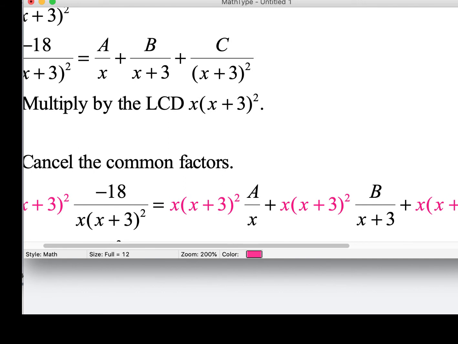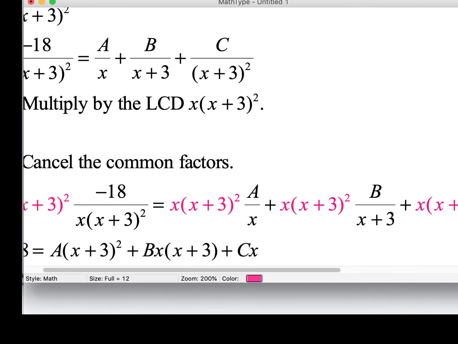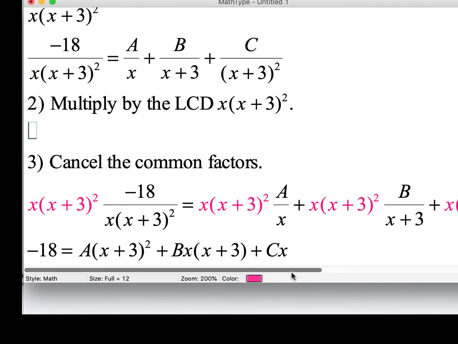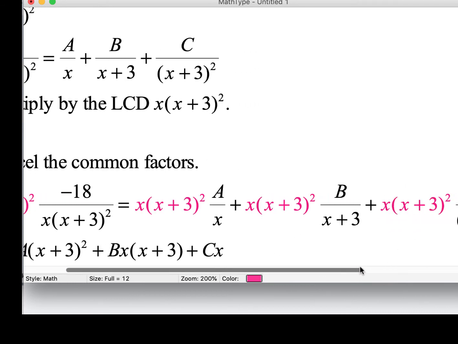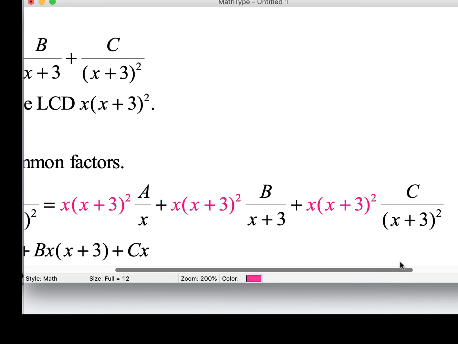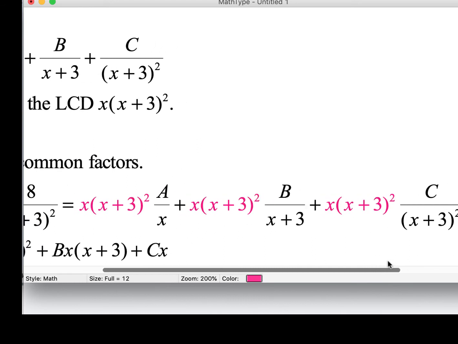That will leave us with negative 18 on the left, and then on the right, A times (x plus 3) squared because the x's cancel, Bx times (x plus 3) because one of the (x plus 3)'s cancels, and then Cx because both of the (x plus 3) factors cancel.